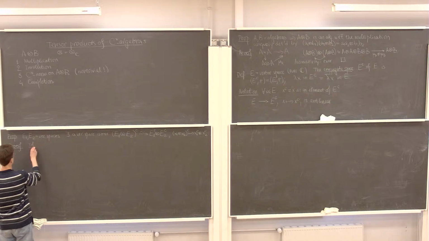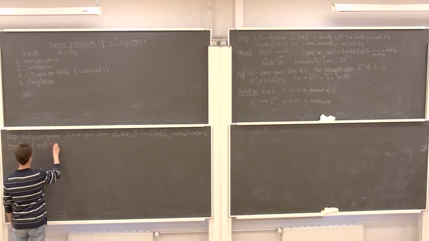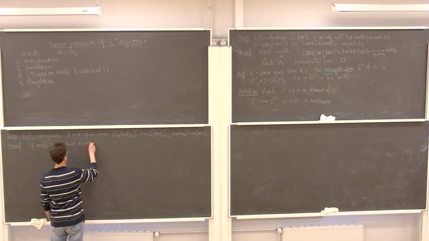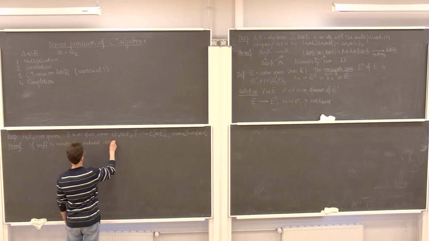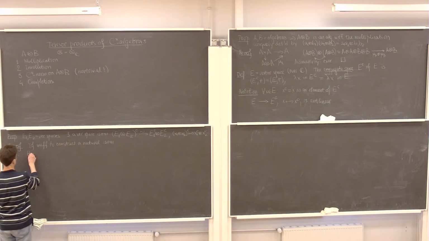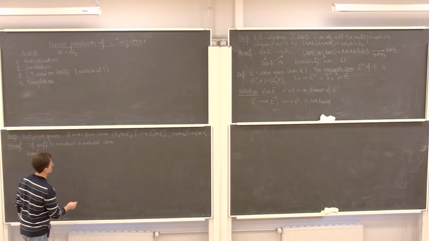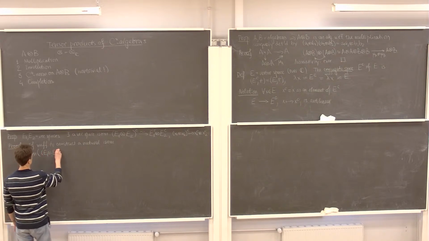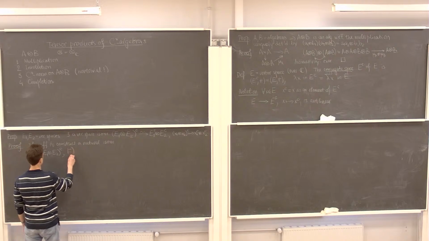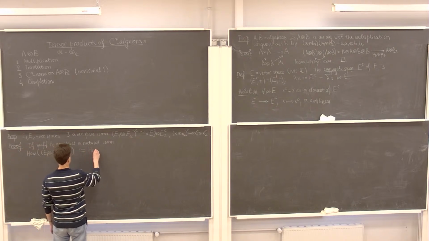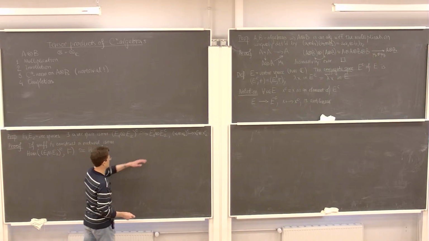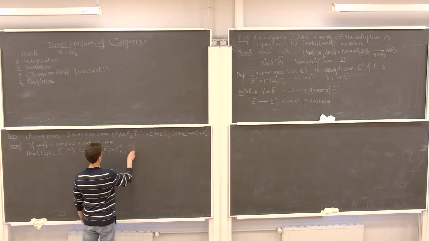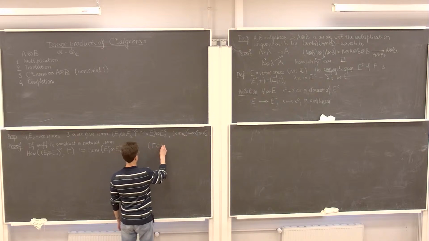So in fact, it suffices to construct a natural isomorphism between the space of linear maps from this space to an arbitrary vector space F and the space of linear maps from the second space to F, for all vector spaces F.